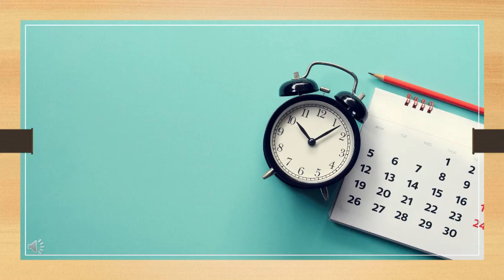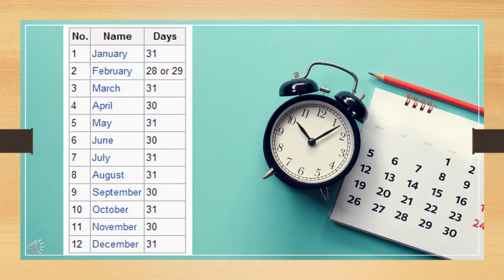As I told you in the last slide that some months are having 31 days and some months are having 30 days. So in this chart, I will show you which of the months is having 31 days and which of the months is having 30 days. January 31 days.